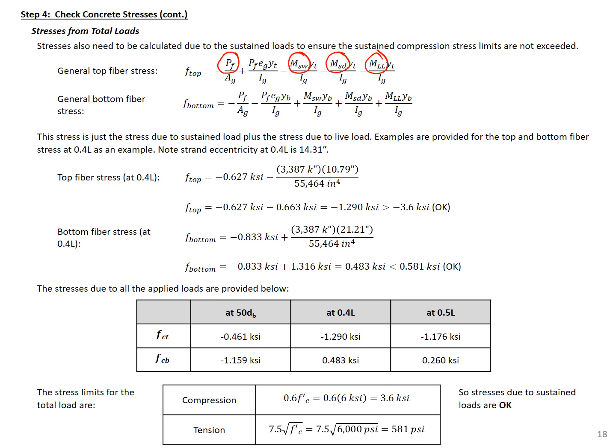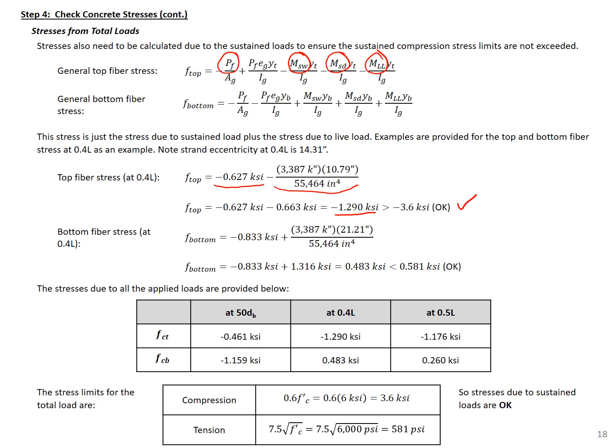So here as an example, I find the top and bottom fiber stress at 0.4L. So we have the stress from the previous slide plus the stress from our live load moment. And you can see here at 40% length, we have a compression stress of 1.29 KSI, which is okay, the absolute value being less than our limit.